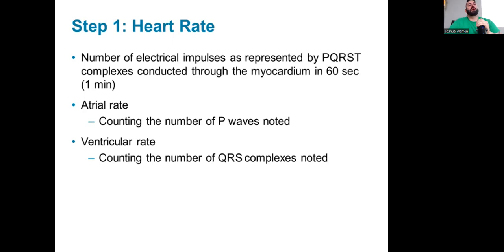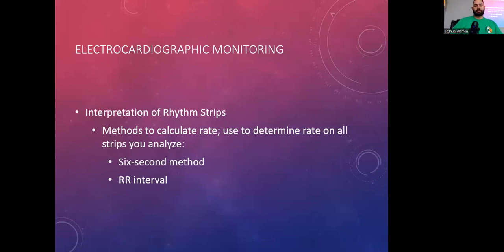Here's what you do. You count the atria too. What does that mean? You count the P waves in a 6-second strip. You count the QRS complexes in a 6-second strip. Why? See if they're different. Is there a 1-to-1 ratio? There should be 1 P wave to every 1 QRS.